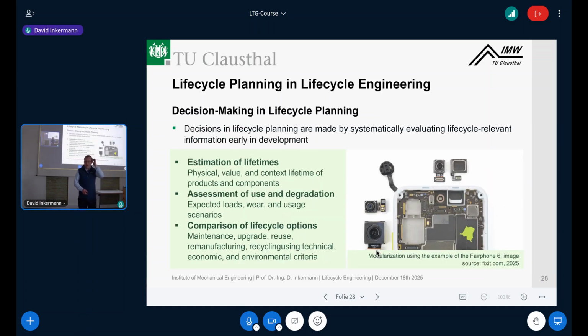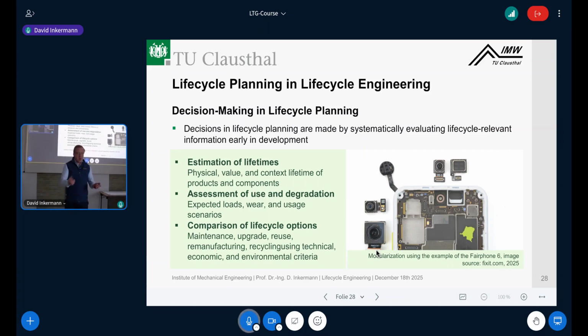And one example for those kinds of decisions is, maybe you know it, the Fairphone. That's an interesting example because it's really designed for a strategy of reusing and replacing or upgrading the product also.